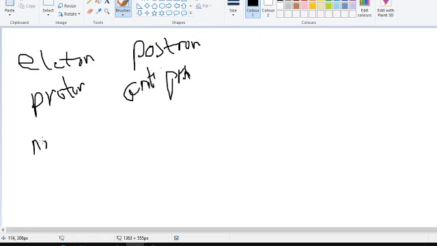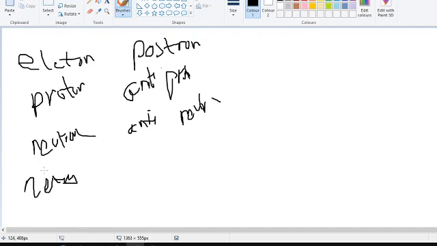For the neutron, it is the anti-neutron. And for the brilliant, wonderful, amazing neutrino, it is the anti-neutrino. But wait, what if you've never heard of the anti-neutrino or the neutrino before?